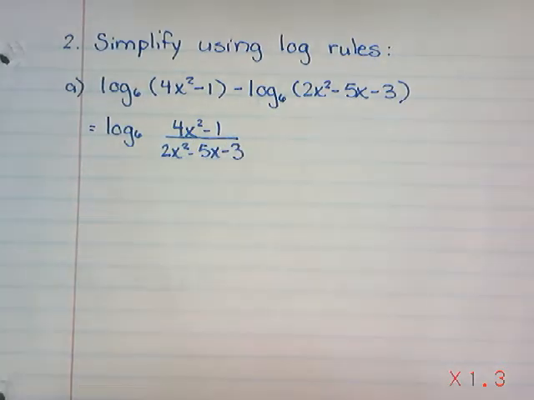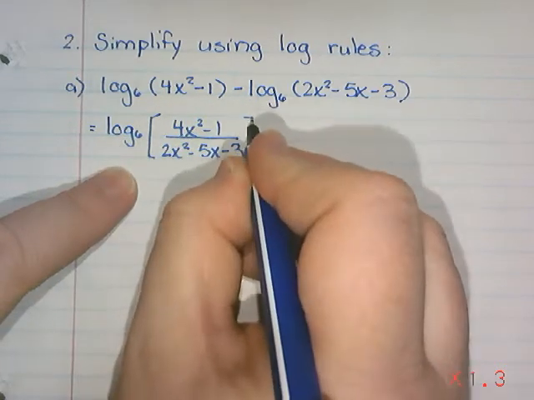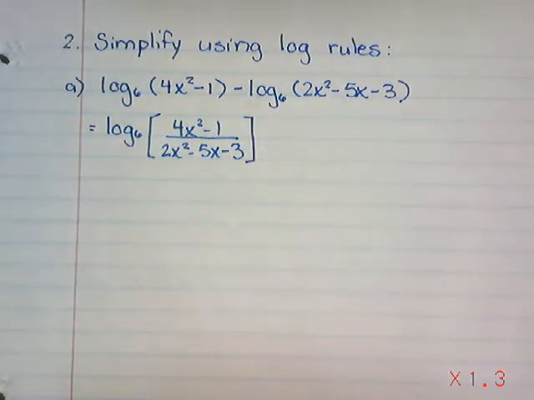Now, when you have a log, you always need to have a bracket around that argument if it is more than just one single number or one single variable. Since this has multiple numbers and variables, it needs a bracket around it. We've already simplified, but I think we could go further. Going further does not involve using more log rules.